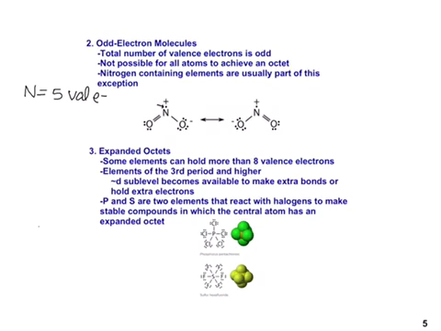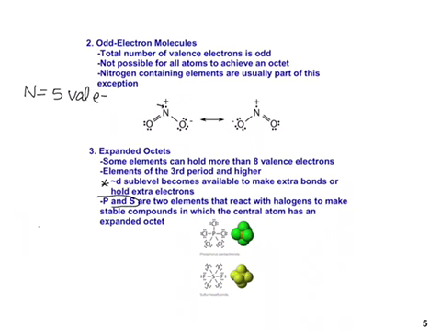But here it's okay when it happens to nitrogen. The last exception is expanded octets, where elements can hold more than 8 valence electrons. This happens in elements of the 3rd period or higher, because now the d sublevel becomes available to make extra bonds or to hold extra electrons.